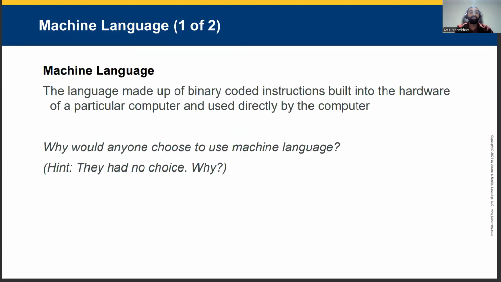Machine language. Machine language is the most fundamental language a computer understands. It consists entirely of binary coded instructions built directly into computers' hardware. Early programmers had no choice but to use machine language because assemblers and high-level languages didn't yet exist.